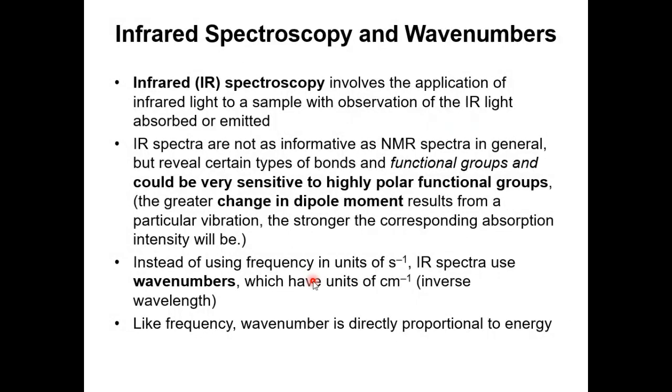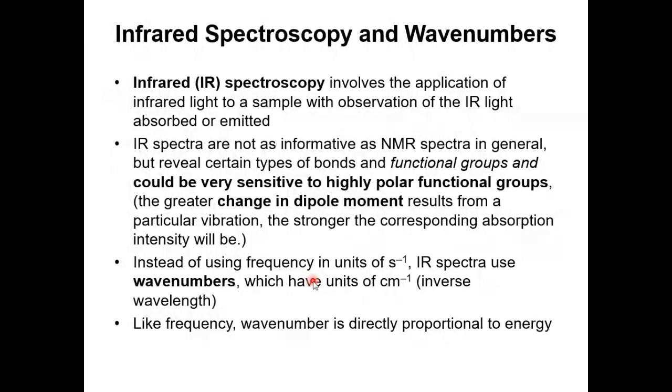If you remember the four examples I gave for the alcohol, NMR spectra could be very, very informative in helping you find out exactly what kind of compound you have. But infrared spectroscopy can generally tell us whether we have a certain kind of bond as a functional group, and it is very sensitive to highly polar functional groups.